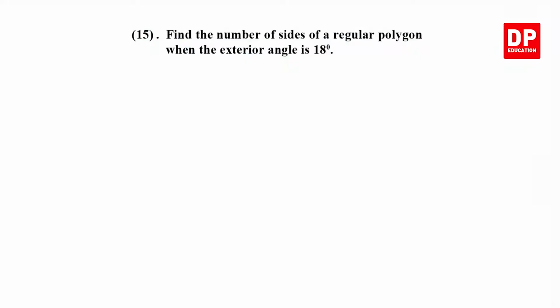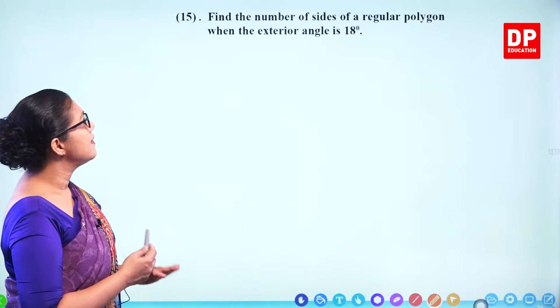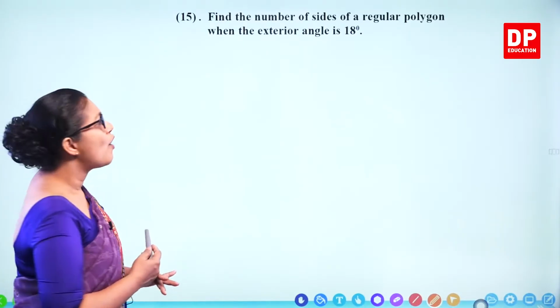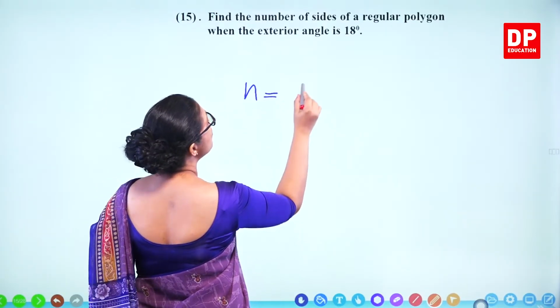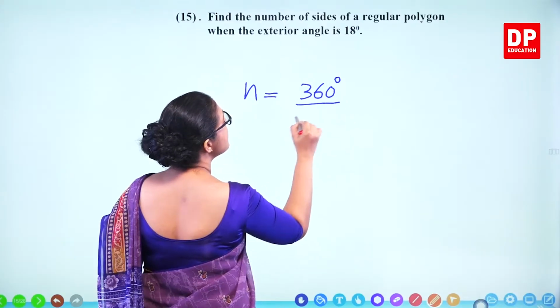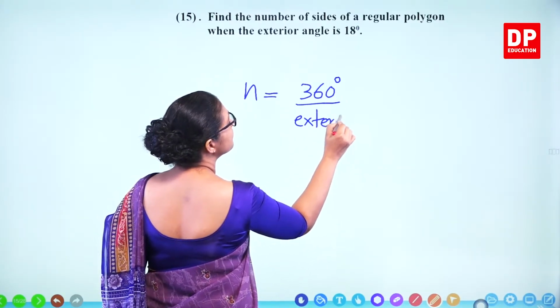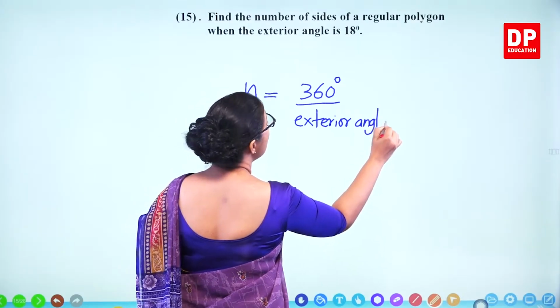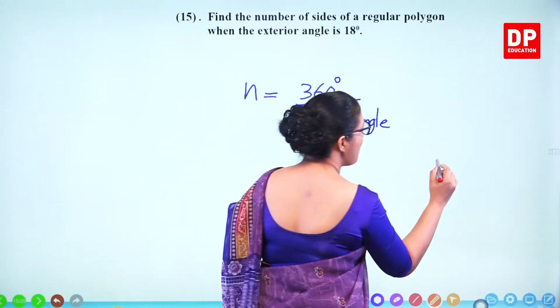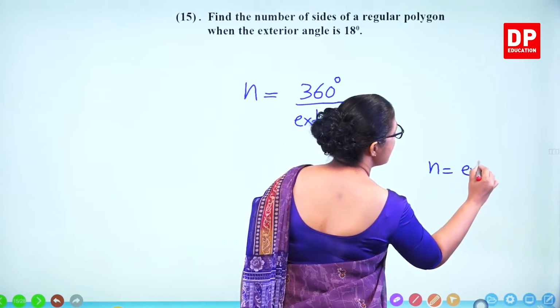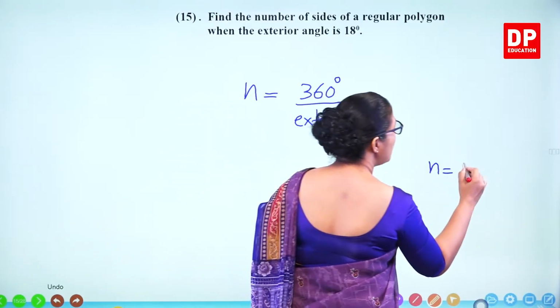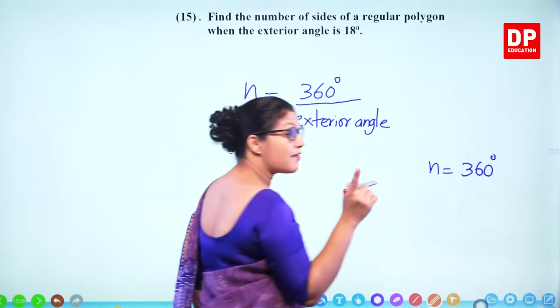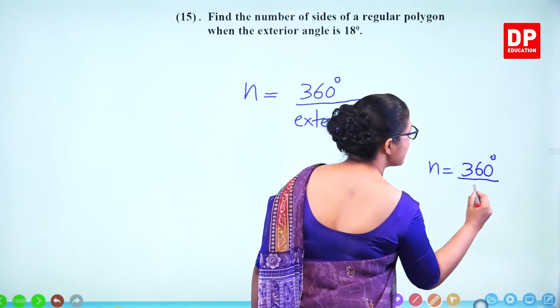Question number 15. Find the number of sides of a regular polygon when the exterior angle is 18. This is regular. So how do we find the number of sides? Number of sides is equal to 360 over exterior angle. This is only for a regular polygon. Because the sum of the exterior angles in any polygon is 360.